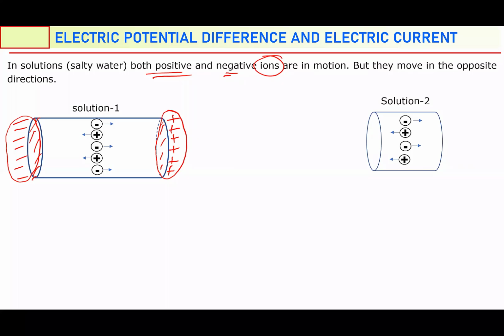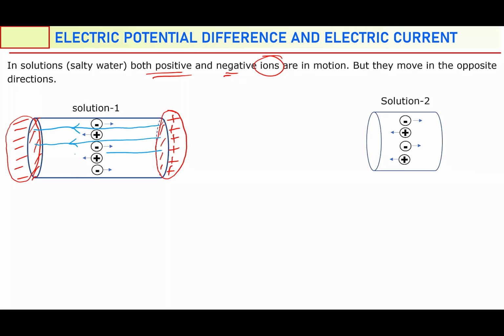Okay? And also yesterday I explained to you that if there is an electric charge, around this electric charge there must be an electric field. Yes, there is an electric field in this solution. Do you remember which charge electric field lines start from and end at, as I said yesterday? Electric field starts from positive charge and ends at negative charge.